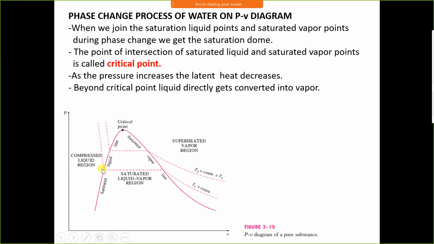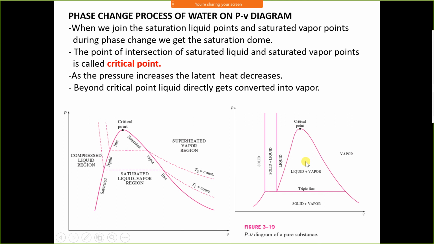Saturated liquid is a condition at which the liquid is ready for phase change from liquid to vapor, and saturated vapor is a condition where the vapor is ready for converting into saturated liquid by decreasing the temperature.